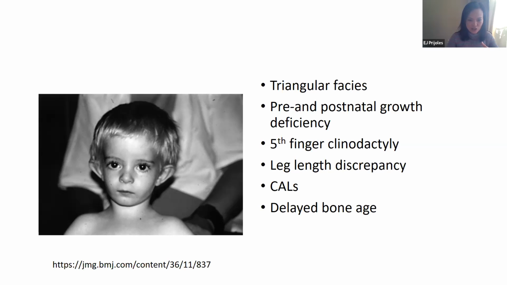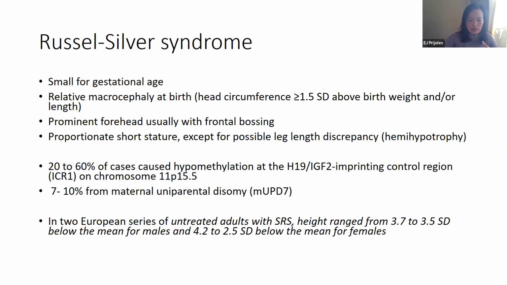Russell-Silver is a condition that we should think about. Again, with relative macrocephaly, so small in height and weight, but the head size may be preserved and may be 1.5 standard deviations above the weight and height.